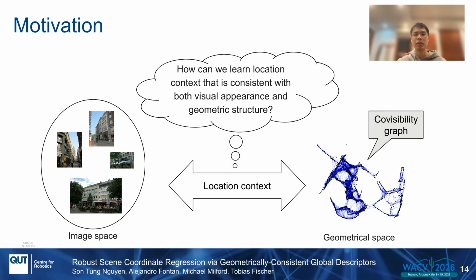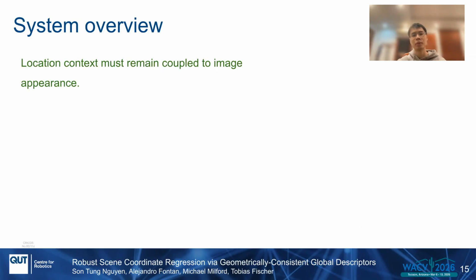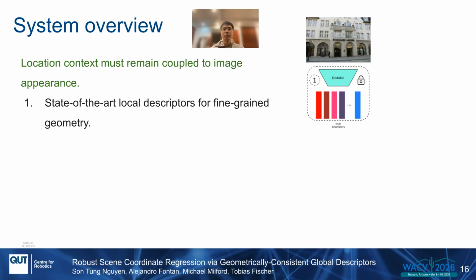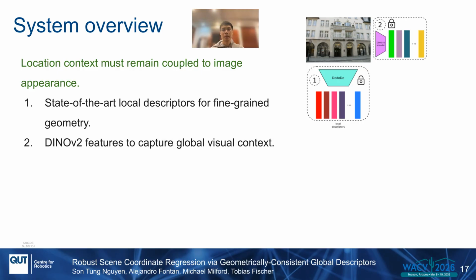Our motivation is to find a location context that is consistent with both the visual appearance and the geometric structure of the covisibility graph. With this objective, we design a system to capture the location context that is consistent with the image appearance. First, we use a state-of-the-art local descriptor for fine-grained geometry.